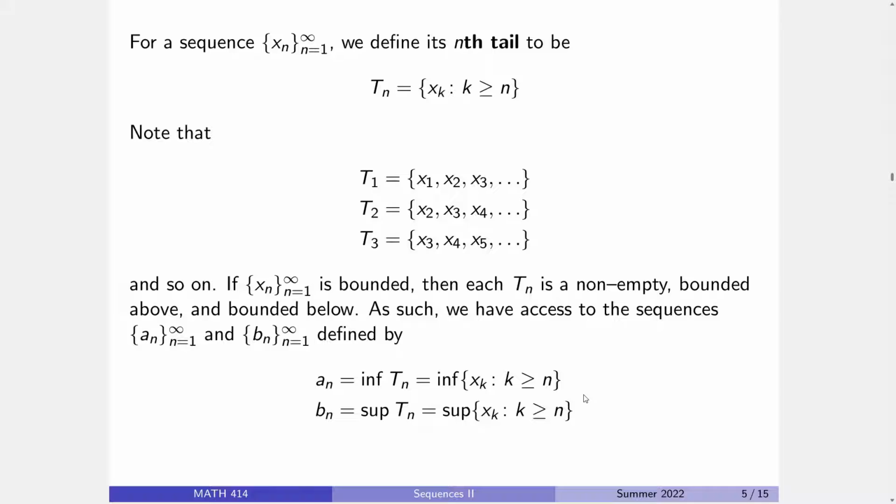But alright. So it turns out that if I have a bounded sequence, I have access to this sequence of infimums and this sequence of supremums. And guess what? This sequence of infimums always converges. Ooh. And this sequence of supremums always converges. So for any bounded sequence, I'm able to create two convergent sequences.